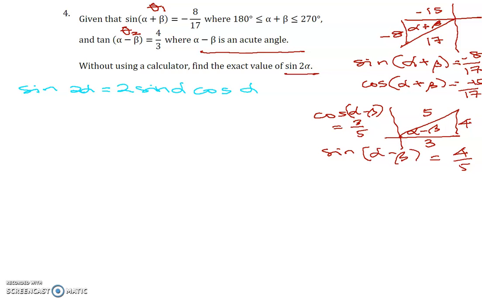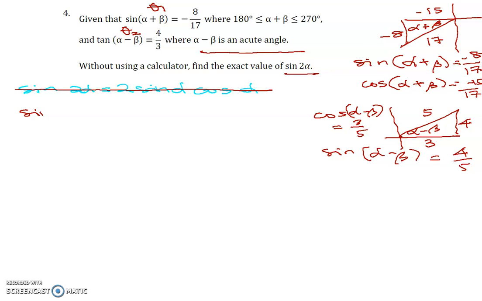But the problem is we don't know what sine alpha is, we don't know what cos alpha is, and we cannot find it anywhere from here because it's simply not given. Therefore, this won't work. This is why this is quite a difficult question, because you have to think a little bit outside the box.